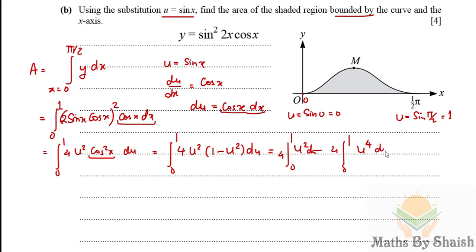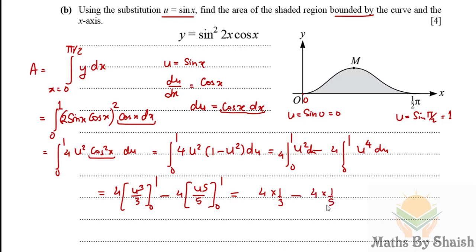So this value is going to be 4 times u cube over 3, 0 to 1, minus 4 times u power 5 over 5, 0 to 1, which is 4 times 1 over 3 minus 4 times 1 over 5, because the lower limit is 0, so it would be ultimately 0.